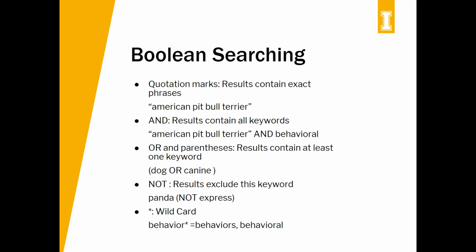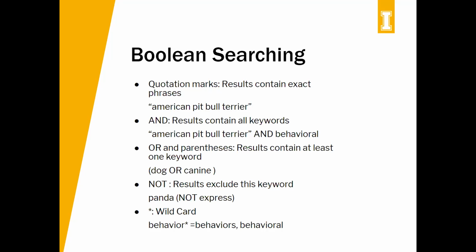Not: results exclude this keyword. The best example is if you're studying pandas and you keep getting things about Panda Express, you'll put not express. Whenever you're studying, there's probably going to be something, you keep getting results about something you don't want, you put not and you won't get those back. And then a wild card is an asterisk.